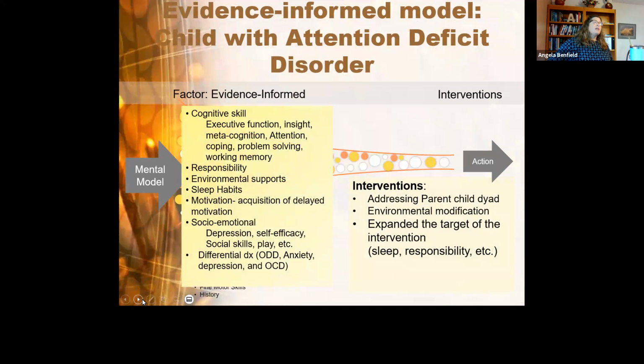However, after doing some evidence-based practice activities and really looking at developing an evidence-informed causal model, the therapists actually identified many more factors that have been identified in the literature as impacting or affecting an outcome of functional performance and participation.